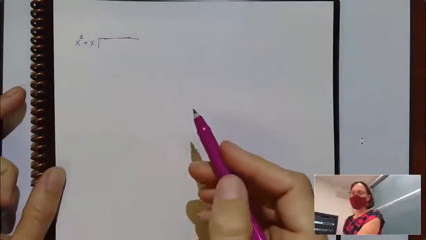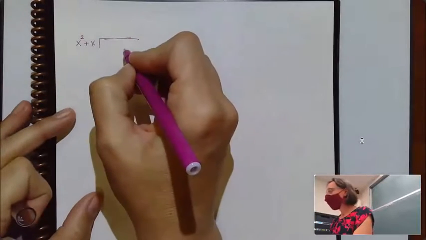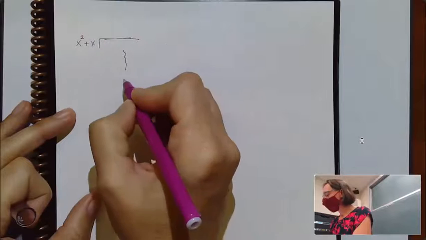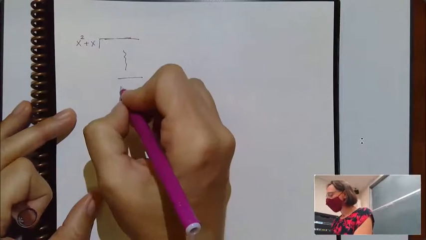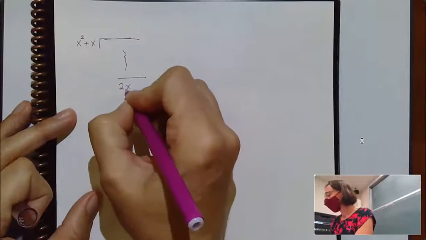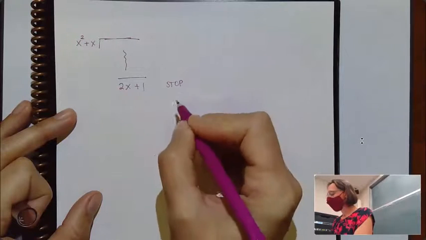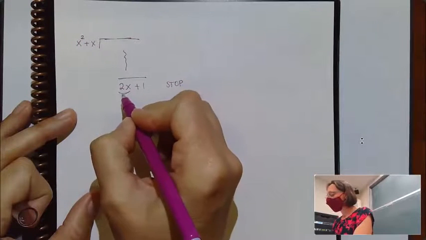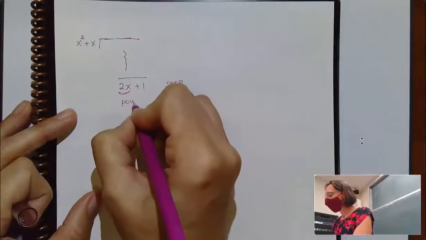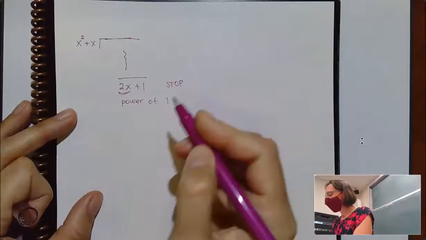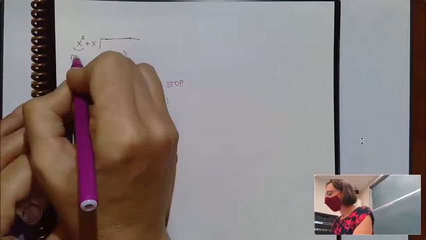I don't really care what's inside for a second. And I get down to something like 2x plus 1. I'm going to stop because that 2x has a power of 1 and that x squared had a power of 2.